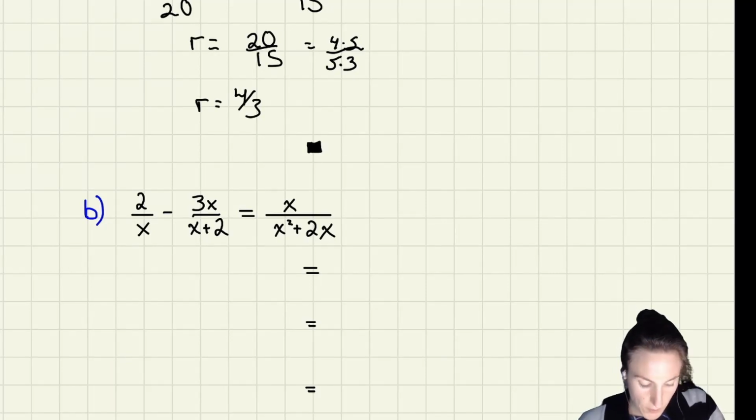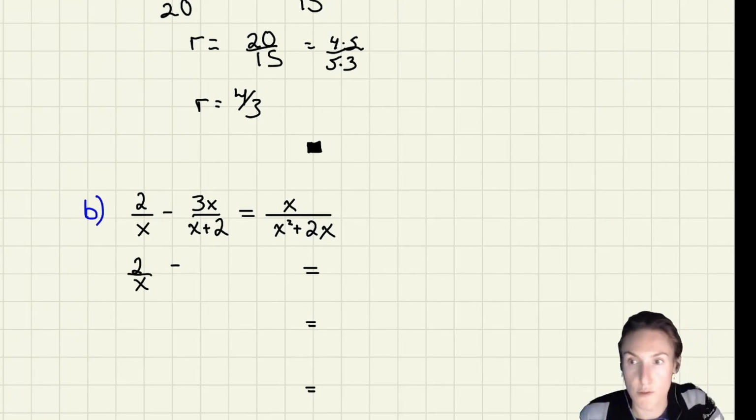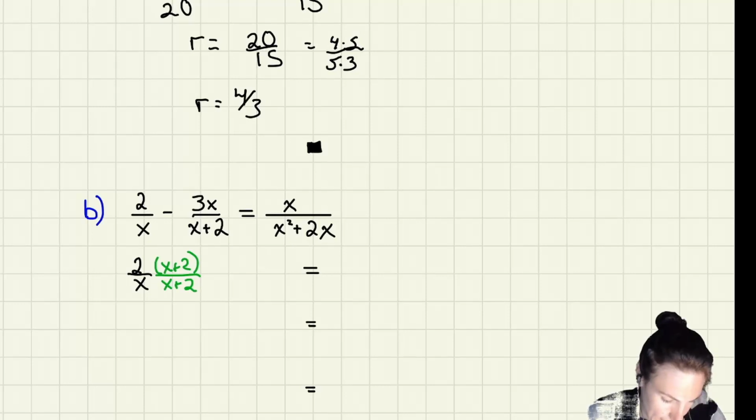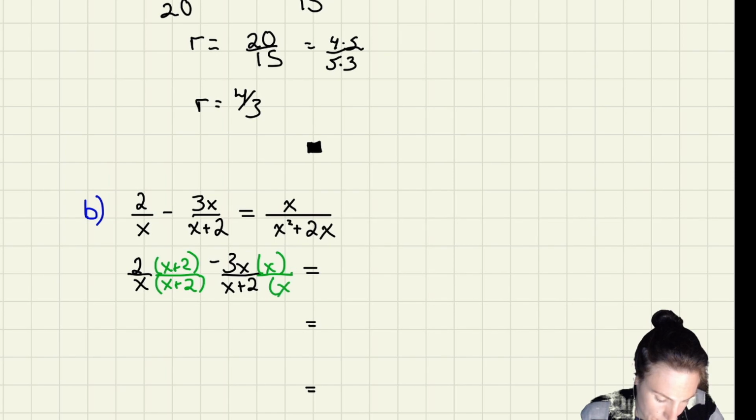For this one, I'm going to try to simplify it a little bit first. So I have my 2 over x. I will have to end up multiplying the top and the bottom by the x plus 2. And then I have my minus 3x over x plus 2, and this I'll have to multiply and divide by x.